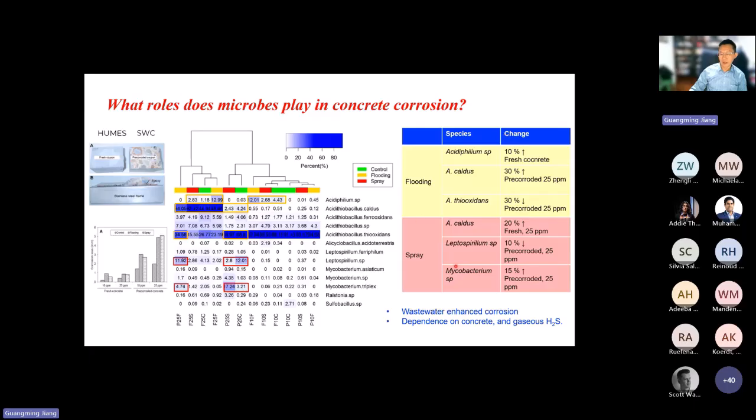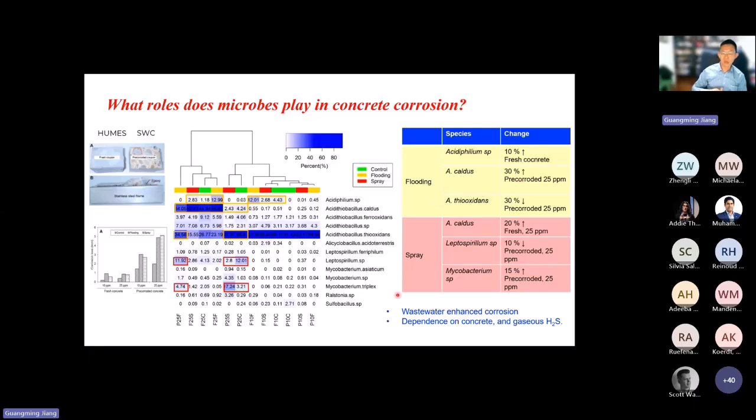From that study, as you can see, the wastewater actually played a big role in shaping the microbial communities. So the typical or the most well-known ones can be reduced by 30% under that condition because of the flooding of the wastewater. But some other bacteria, like acidophilum and Acidobacillus caudes, can be significantly increased by those conditions.